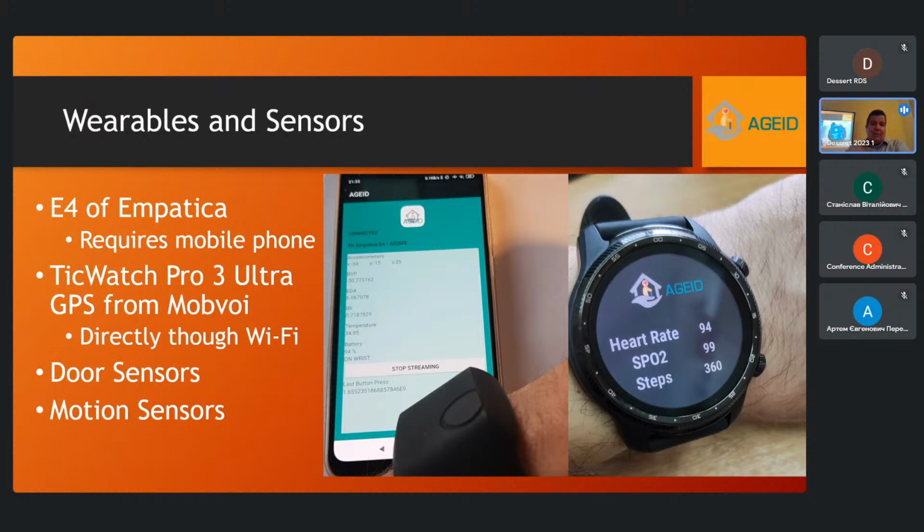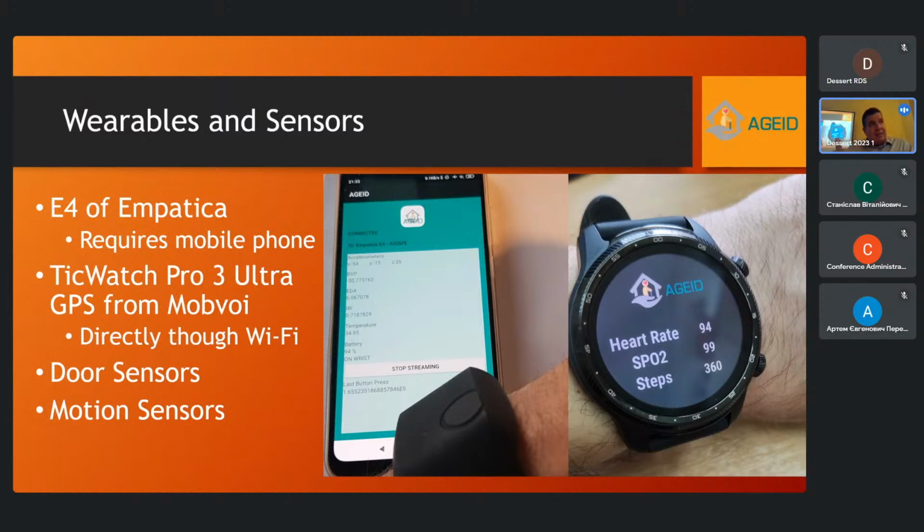The good thing with this watch is that it can connect to the Wi-Fi directly and can send data to your server. You can get the data from here without any intermediaries. So we use these two kinds of sensors because this one uses Wi-Fi directly. There are people with intellectual disabilities who are not allowed to have a mobile phone with them, so the wearable device should send the data through Wi-Fi.